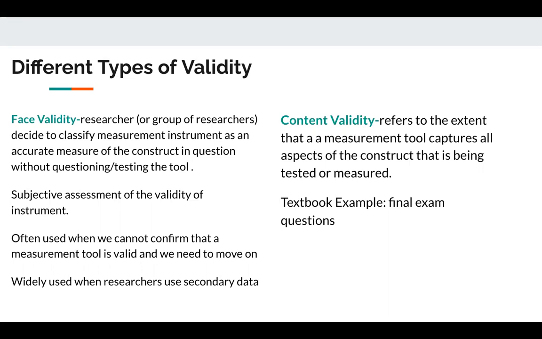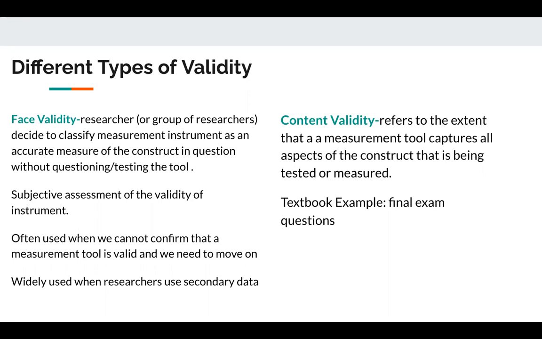Like, okay, other people have used this, it seems to work well for them. We're not going to test it. We're just going to accept that it is a good measurement. So obviously this is a very subjective assessment, because you aren't objectively testing it yourselves. They mention that this is often used when we cannot confirm that a measurement tool is valid and we just need to move on with our research.